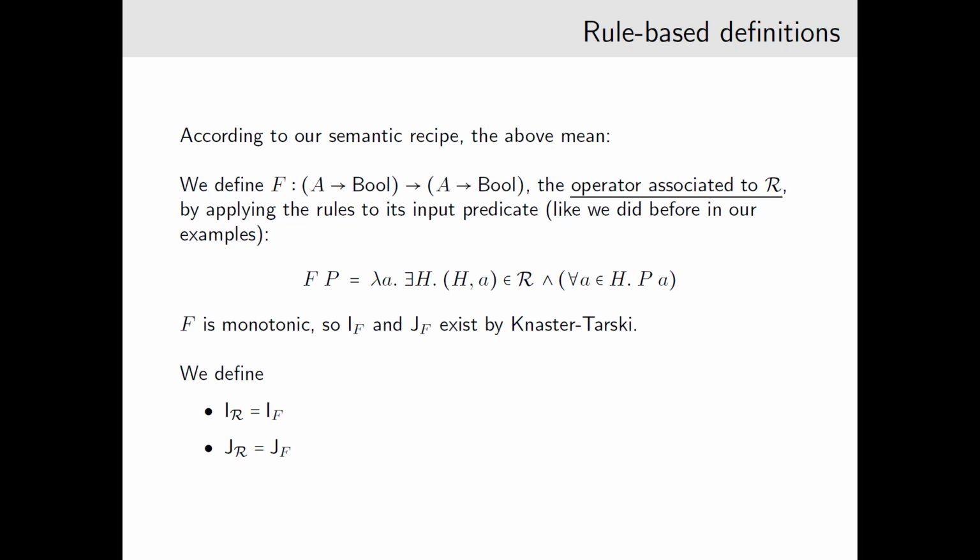So this is a general pattern of how you define F. You just say, apply to a predicate P, takes an A, and brings all the possible hypotheses that would have led to A, and the predicate held for them. So it's a backwards application of the rules. So F is easily seen to be monotonic. Again, this is a generalization of what we have seen, and we define these predicates as the Knaster-Tarski least fixed point and greatest fixed point for R.